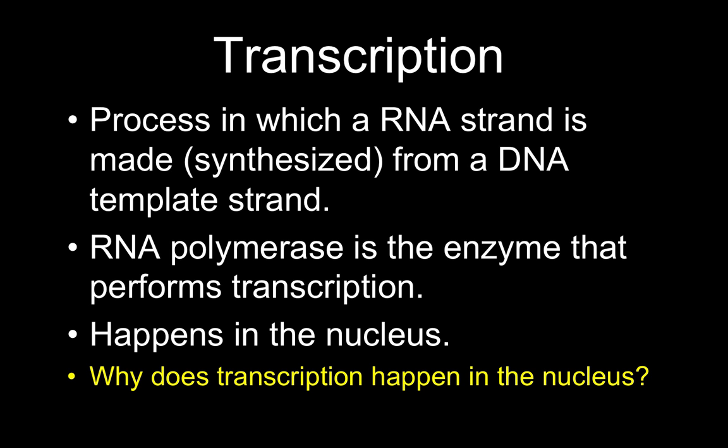So why does transcription happen in the nucleus? Well, remember we said that DNA is a large molecule and DNA is housed in the nucleus. So if DNA is too big to leave the nucleus, this process of turning that code into an RNA language has to happen in the nucleus.